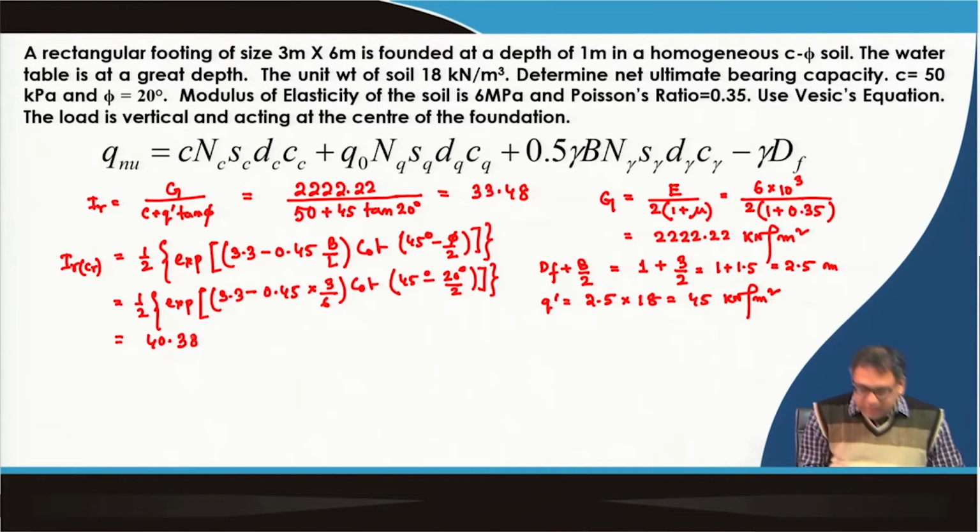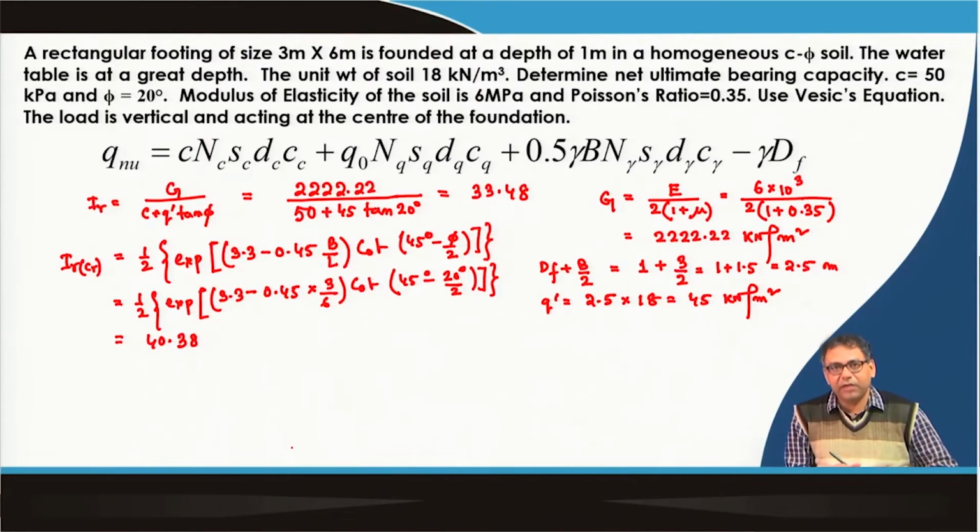So, you can see that the critical rigidity index is around 40.4, and the rigidity index is 34. It is very close to the critical rigidity index, but it is less than the critical rigidity index. So, we have to apply the corrections; these correction factors are not 1. But by looking at these values, you can understand that they will be close to 1, because the difference between IR and IR critical is very small.